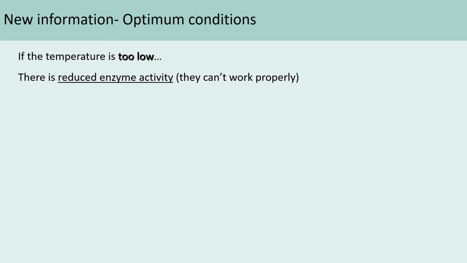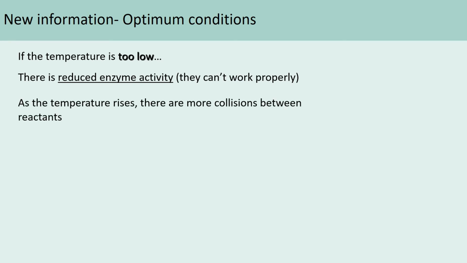So if the temperature is too low, then there's not much enzyme activity actually happening, because they're not colliding with each other, not coming across each other very much because they're moving so slowly. It means that there's hardly any products being formed. So the lower the temperature, the slower the enzyme activity.